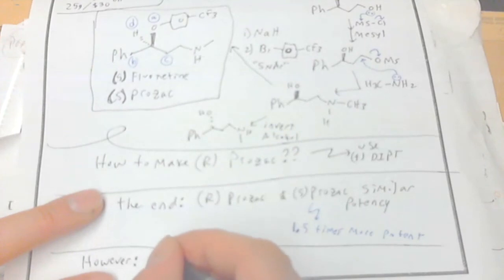However, there is another aspect. The S Prozac, in addition to being a little bit more potent, has a metabolite.